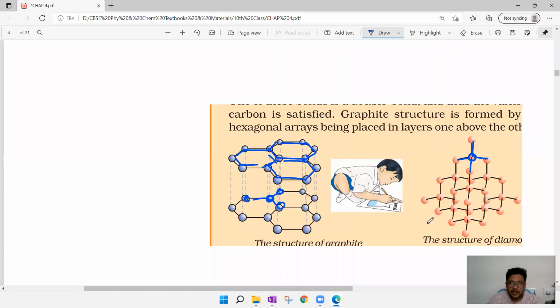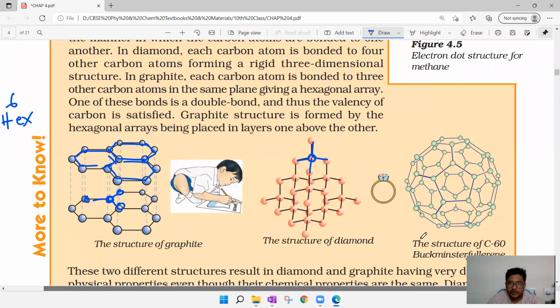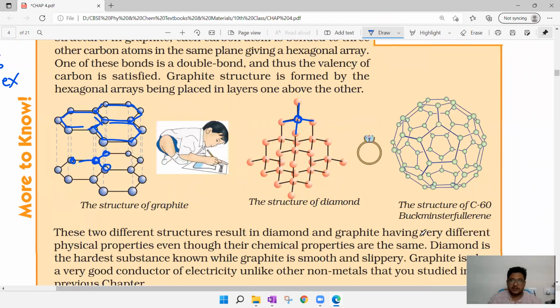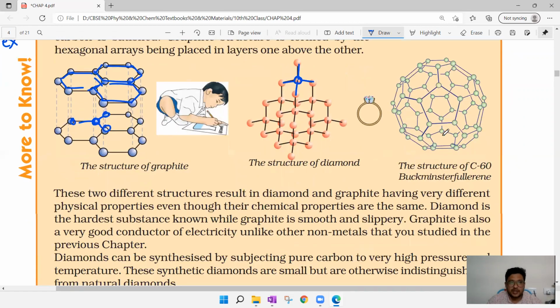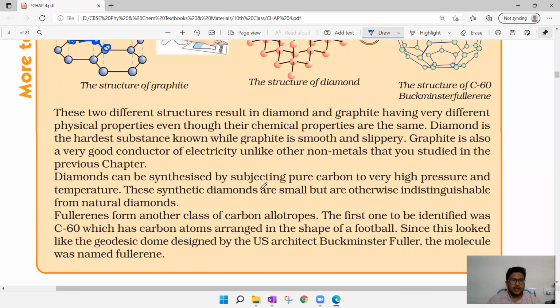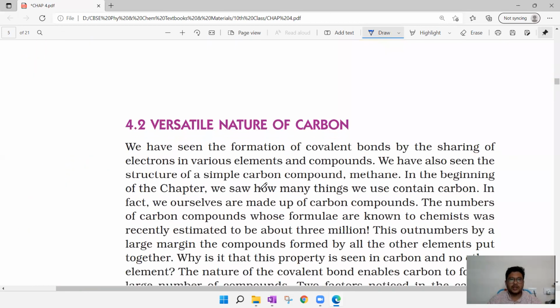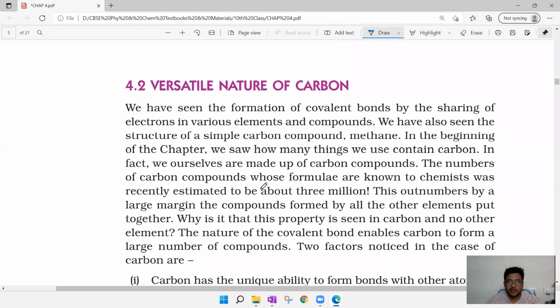Not only diamond and graphite, we can get it in the form of Buckminster fullerenes, where there will be 60 carbon atoms. So these all are allotropes of carbon: the same carbon element, but obtained in different forms and structures. That is about allotropes.